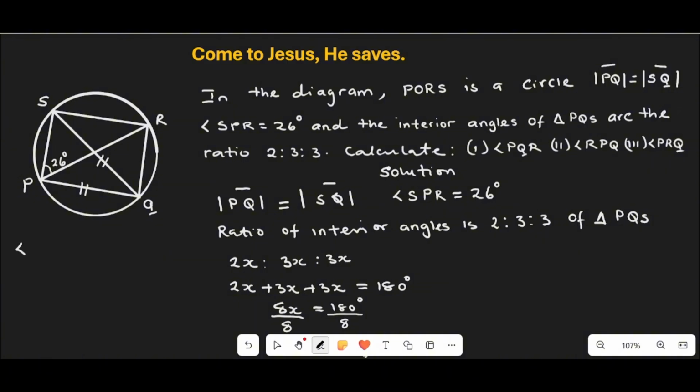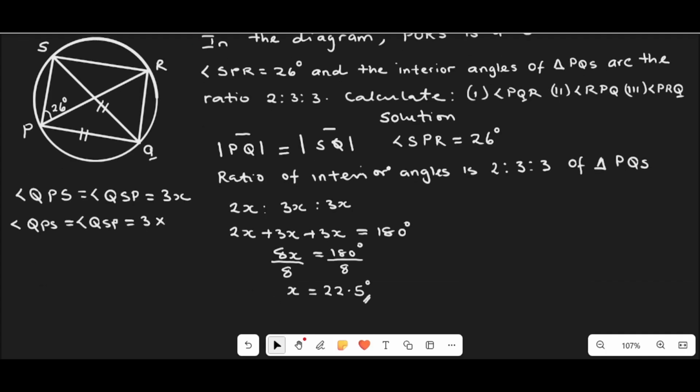Angle QPS equals angle QSP equals 3 multiplied by our x, which is 22.5 degrees.